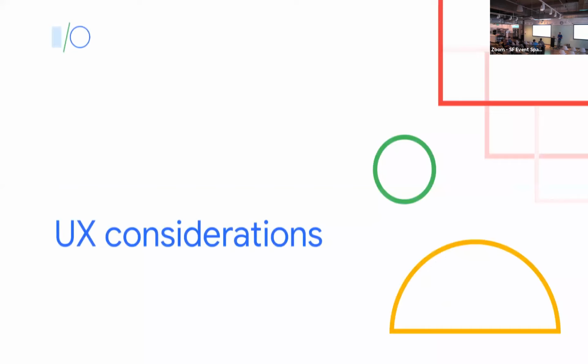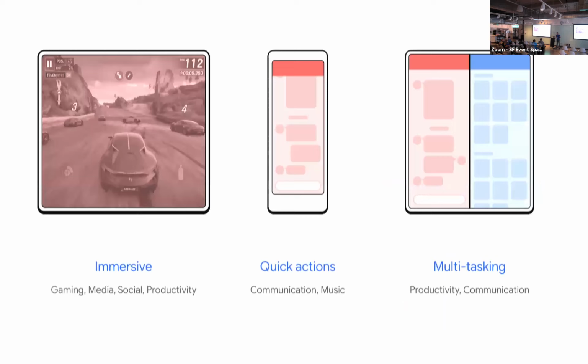Some UX considerations you need to pay attention to while building for those devices: when they're unfolded, these are amazing large devices. They have great 7 or 8-inch displays, so they're great for gaming, watching videos, productivity, or creating content. So you need to take advantage of the full display.